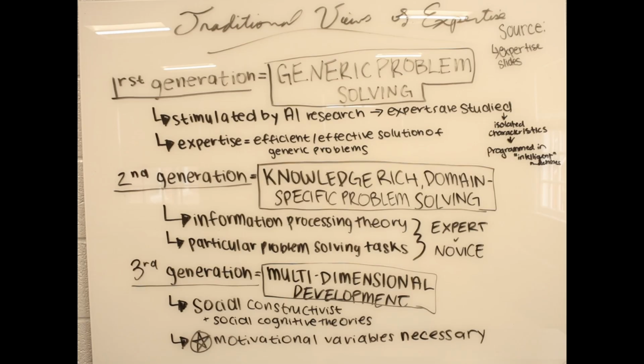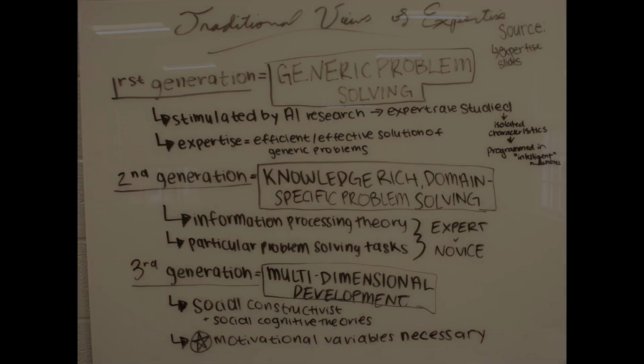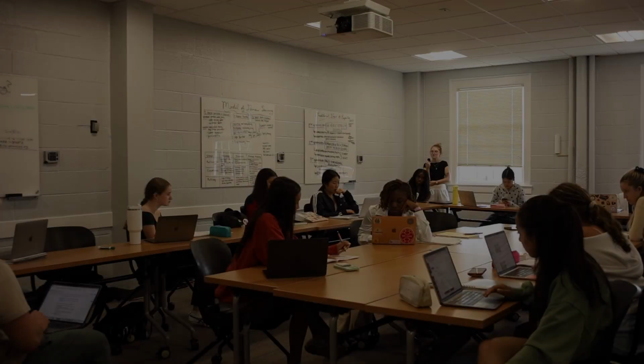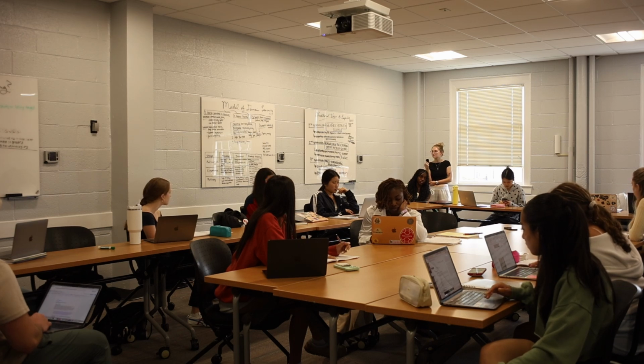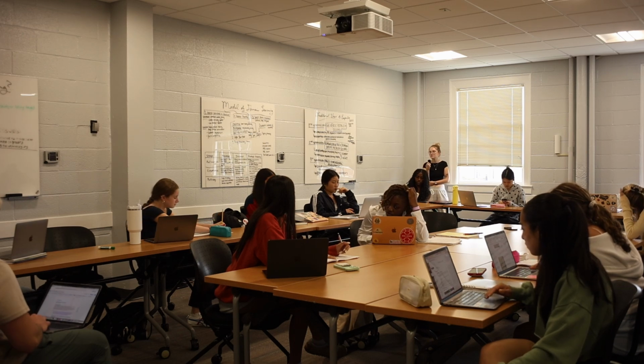But then the third generation here, the model of domain learning, much more expansive. The difference here is that we're able to incorporate more of our humanness, the particular factors that lead us to being different, which will then take us to the basics of human cognition versus AI.